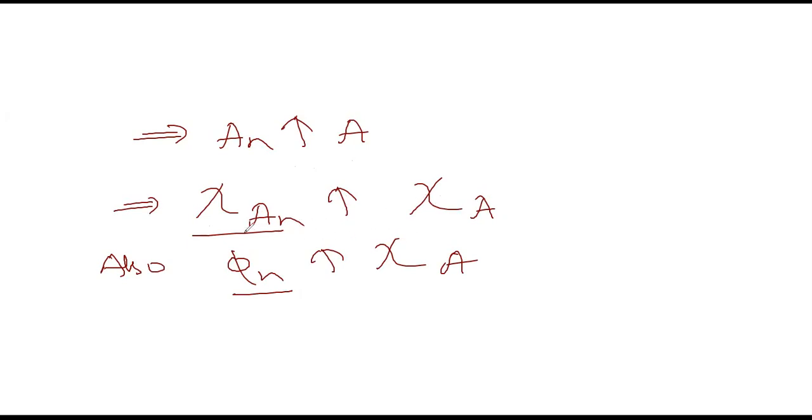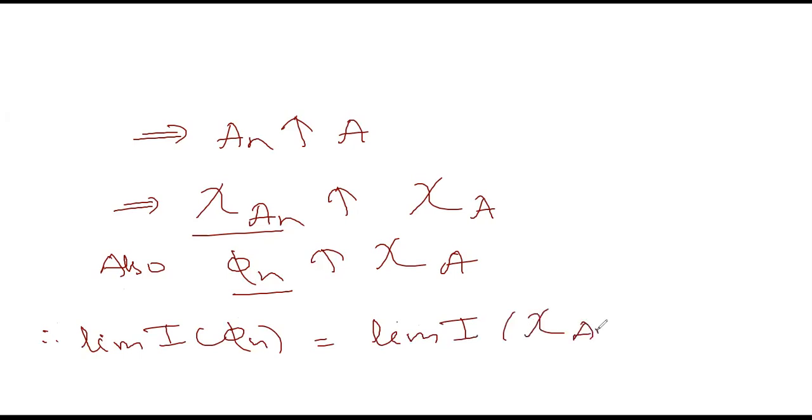And now we apply the previous theorem. Limit of the integral of chi_{A_n} is the same as limit of the integral of phi_n. So by the previous theorem, the limit of the integral of phi_n is equal to the limit of the integral of chi_{A_n}. But what's the integral of chi_{A_n}?